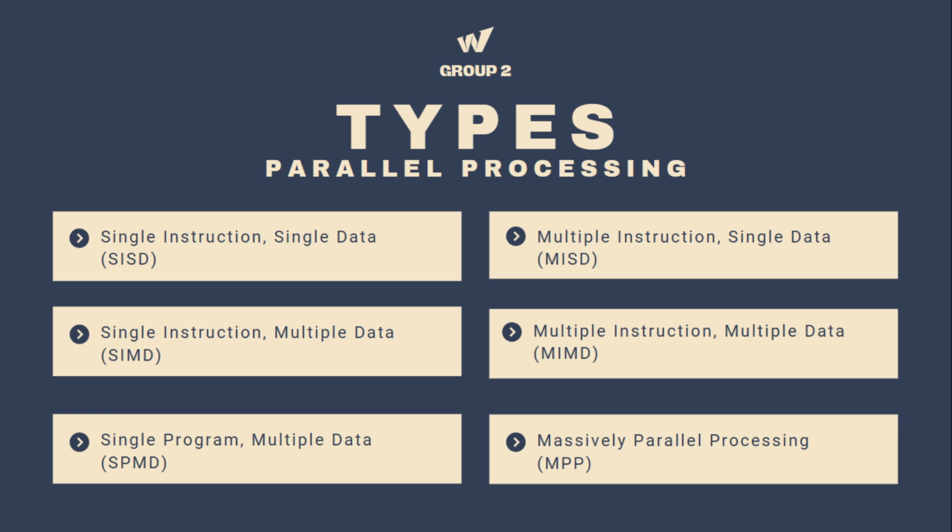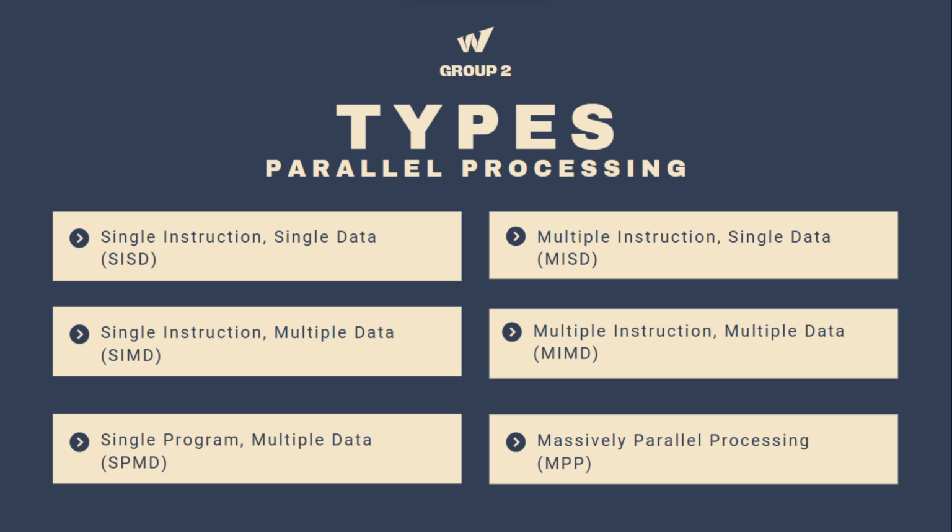Other one is SIMD or single instruction, multiple data. Next, other one is MIMD or multiple instruction, multiple data. And next is SPMD or single program, multiple data. Then the last one is MPP or massively parallel processing.